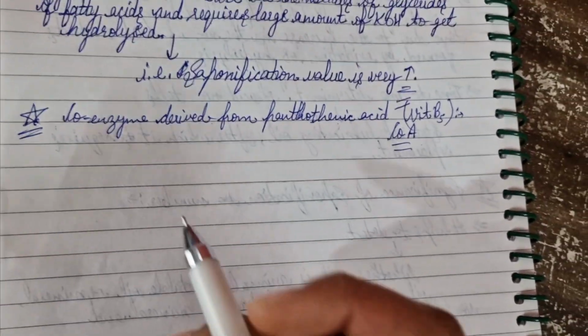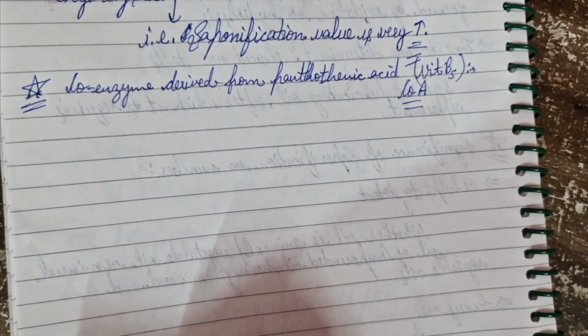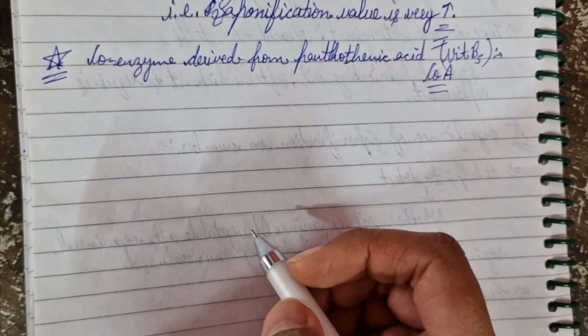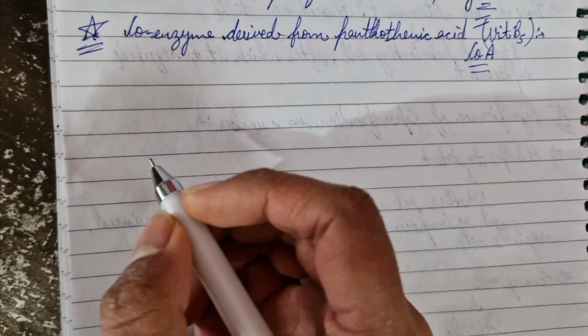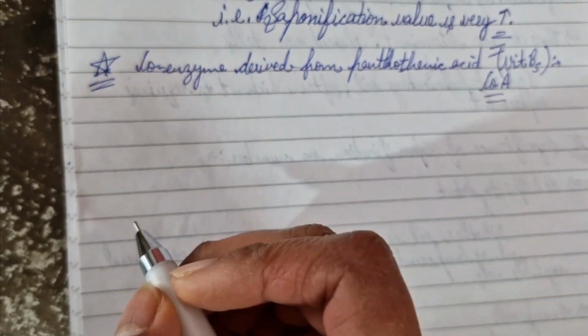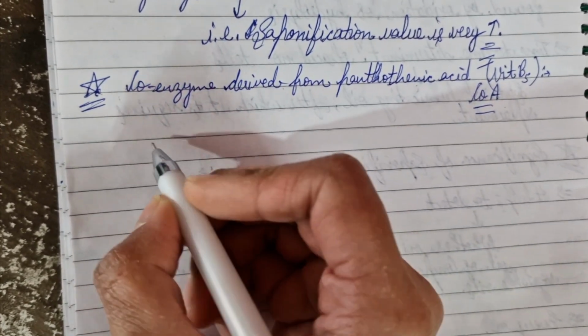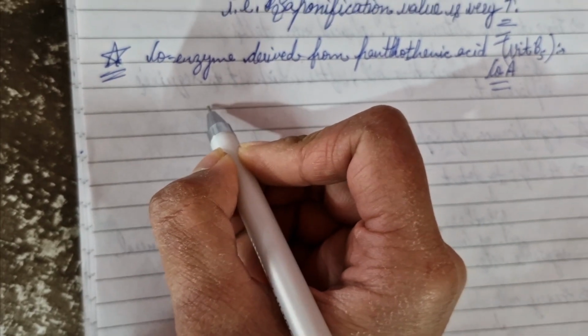So first of all we will begin with the coenzyme derived from pantothenic acid, that is vitamin B5, which is known as coenzyme A. To write the structure for coenzyme A, we will first write down the structure of pantothenic acid, which is as follows.